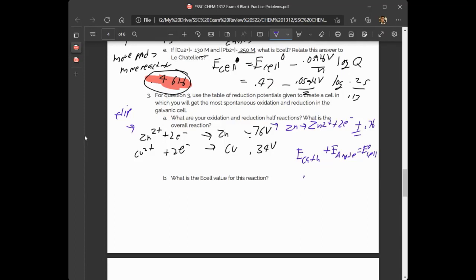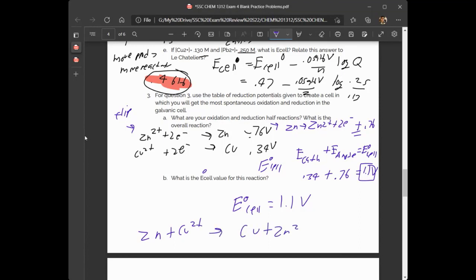The E cathode would be the 0.34 because we're not doing anything to it, and the E anode would be the one that we're flipping, which is 0.76. That's 1.1 volts, and that's E naught cell. The overall formula, if you were to ask, is Zn plus Cu2+ to Cu plus Zn2+.